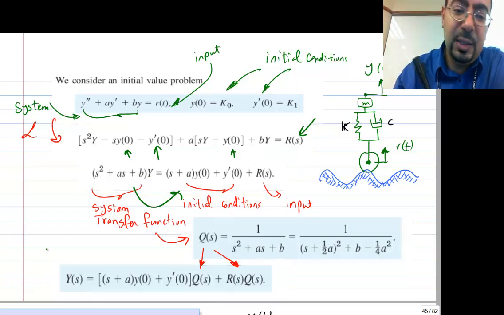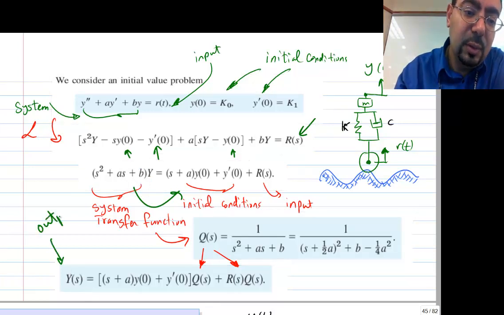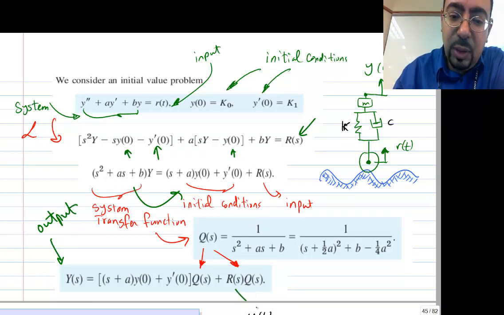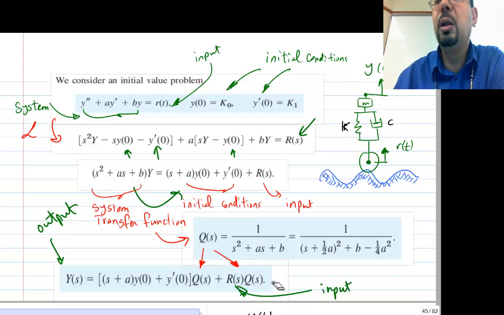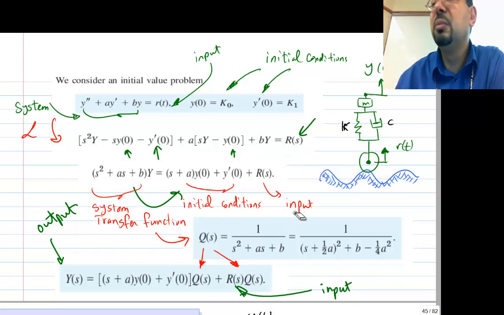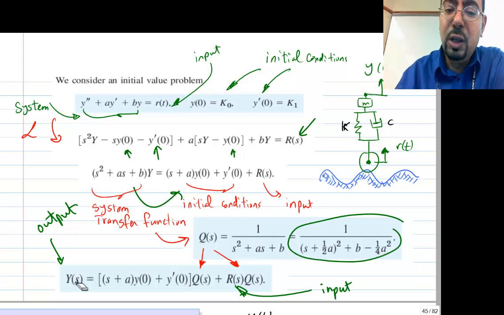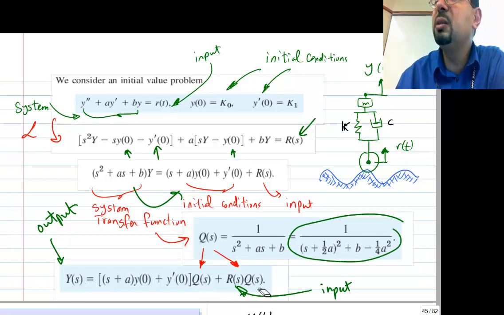You get Y of s, which is the output, equal to the input r of s multiplied by the transfer function. So the thing that relates the input to the output is the transfer function. The transfer function is also multiplied by the initial values as well, right? So it's basically 1 over the system characteristics.